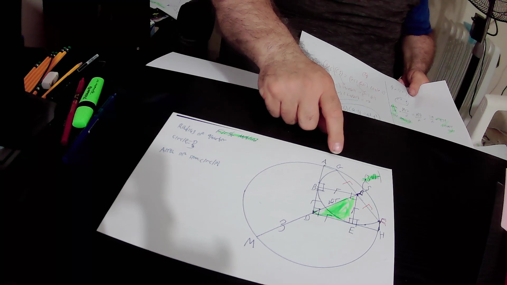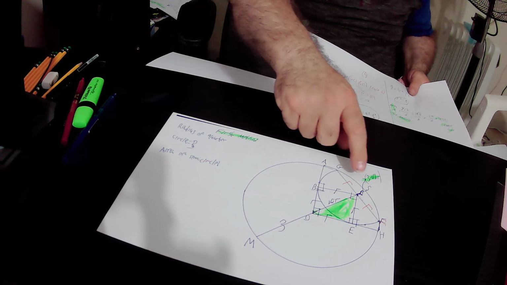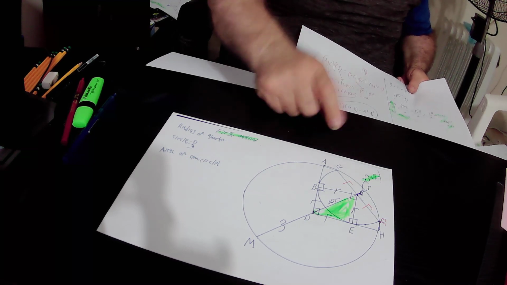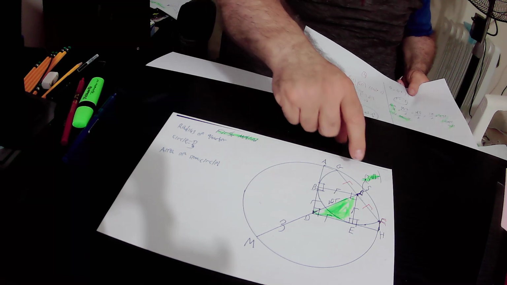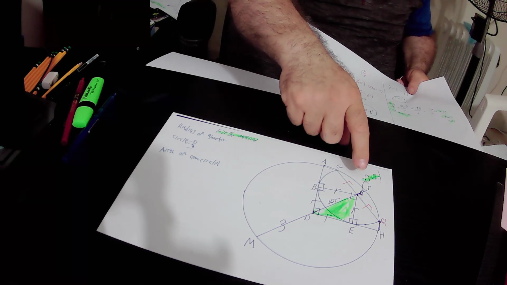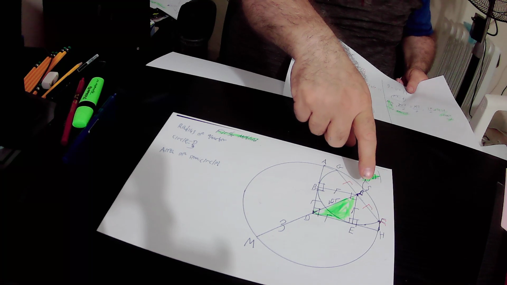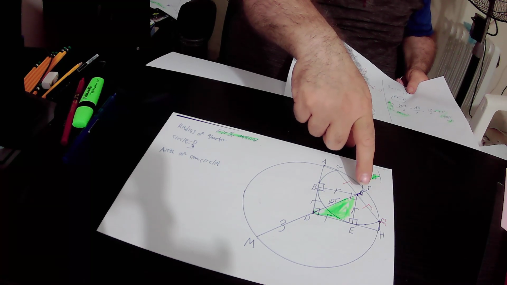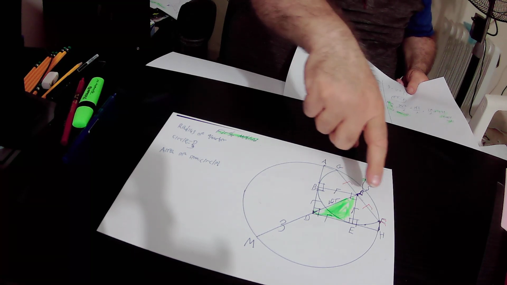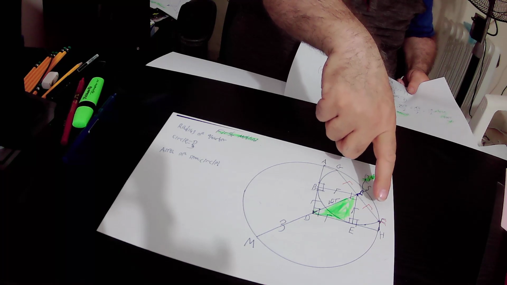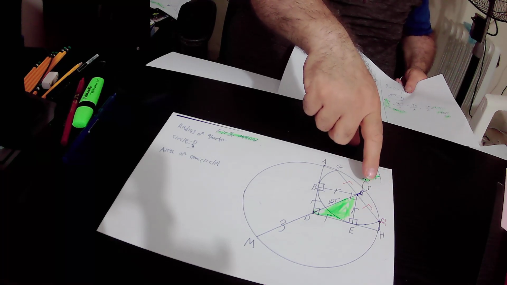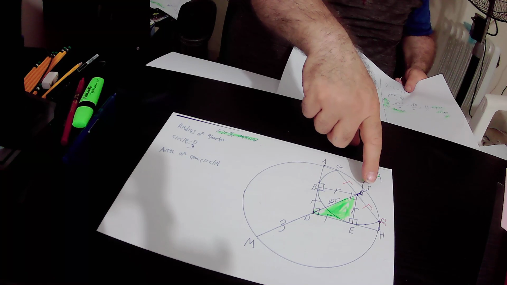G is the point of the semicircle itself. Therefore, GC or CG is the radius of the semicircle. Likewise, for the same reason, CF is also the radius of the same semicircle, because it starts from the center of the semicircle and ends at point F, that is the point of the semicircle itself. So this also equals R, the radius of the semicircle.